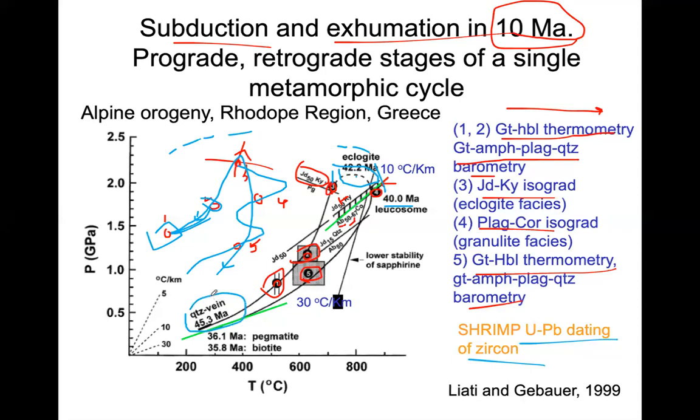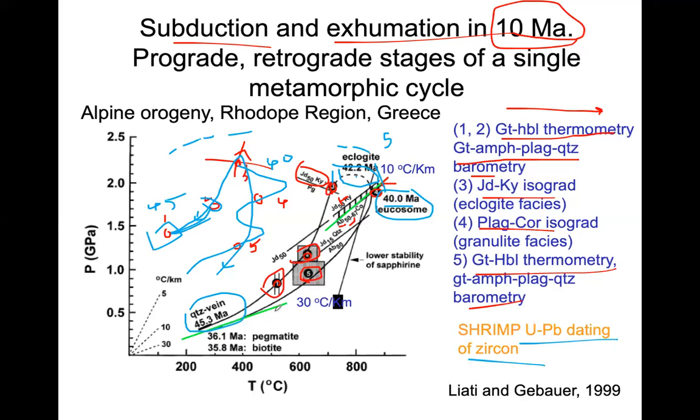So this is 45, and here in the same rock, you are getting 40 for the highest pressure and highest temperature. That means to reach from low temperature to highest temperature, it has only taken 5 million years. Because 45 million years ago it started going up, right? This is 45 here, and then you are reaching this point at 40. That means only 5 million years has been taken for this prograde segment.